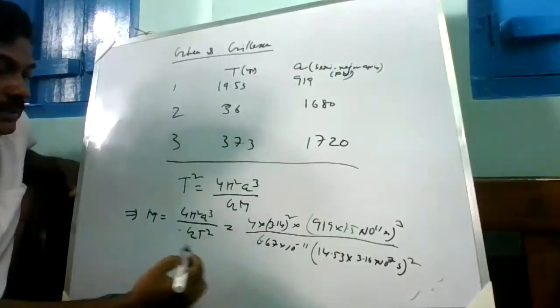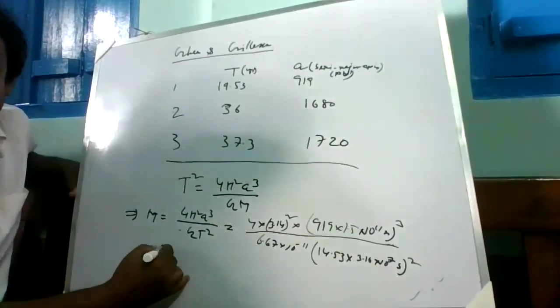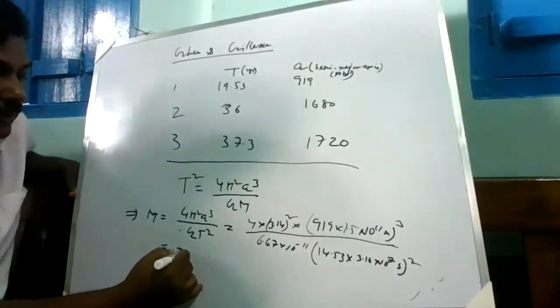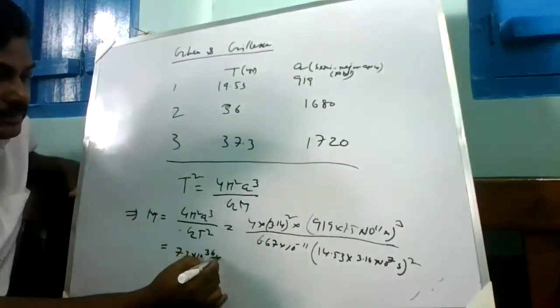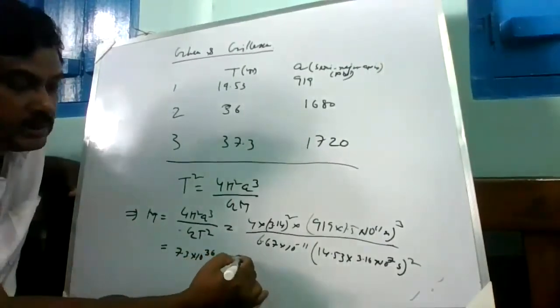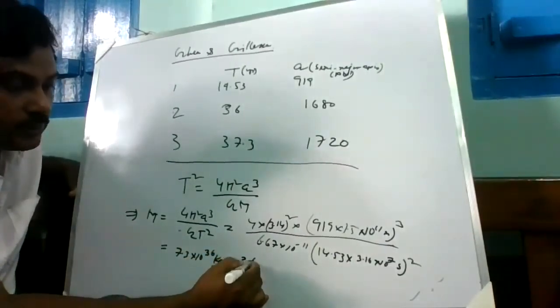If we calculate this, the value comes out to be 7.3 into 10 to the power 36 kg.